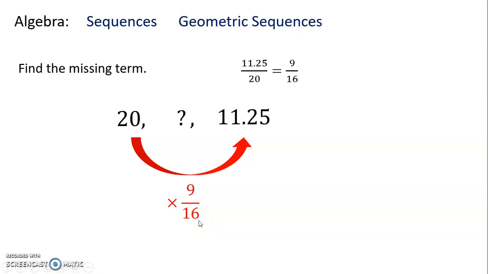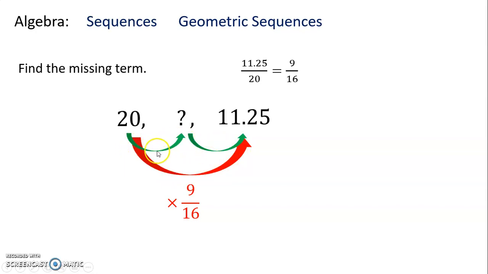Now, if I want to know what to multiply by to get not from one term to 2 terms ahead, but from one term to the next term, well, to get all the way to 11.25, I'd have multiplied by something and then by that same thing again. In other words, to skip and get all the way there, I would have squared that number.